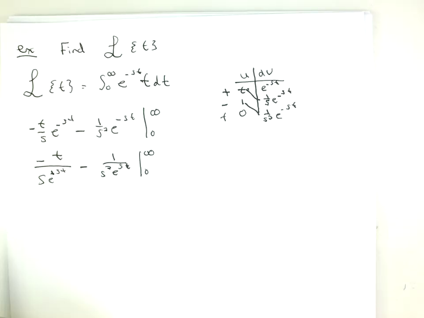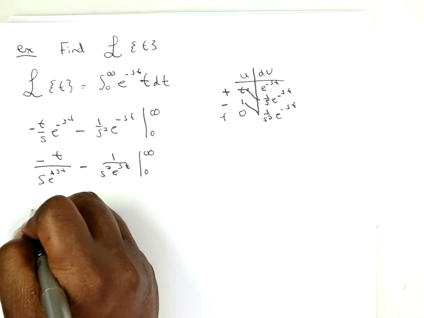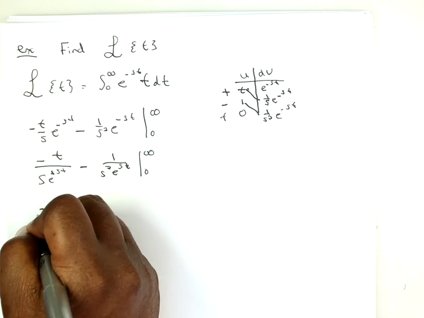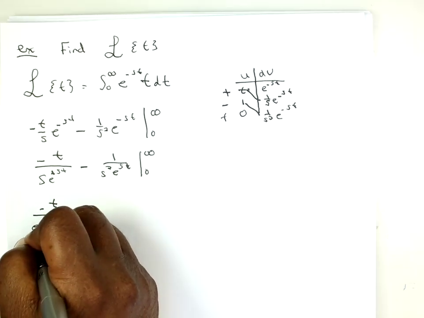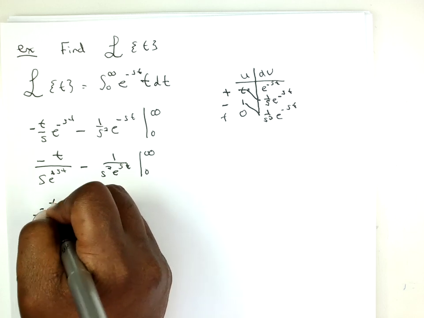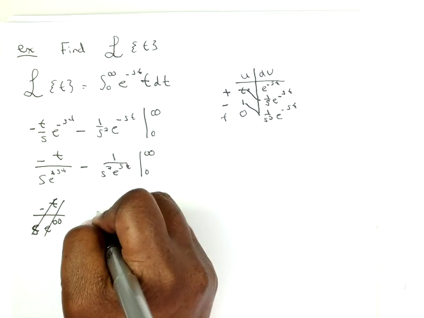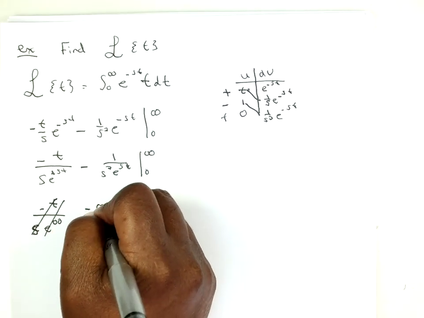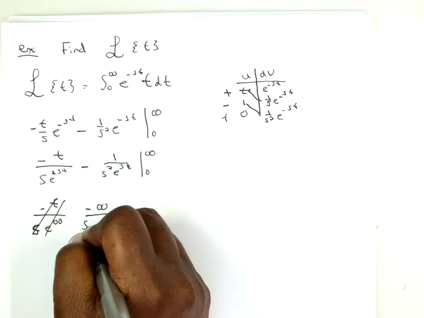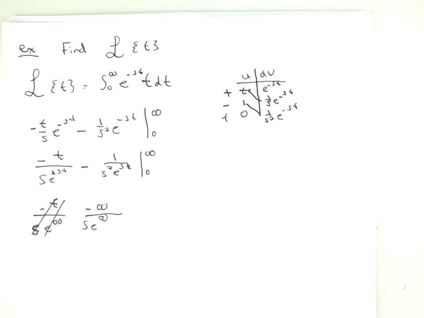So when I evaluate this at infinity, this term, negative infinity over s e to the infinity. So that's a problem, right? That's an indeterminate form.